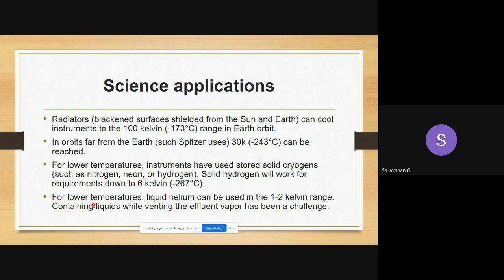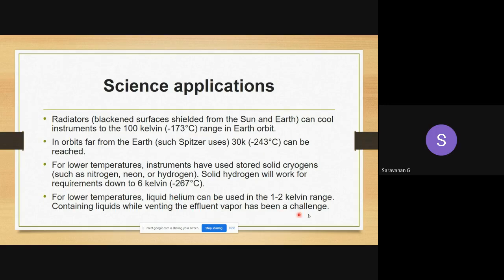For these lower temperatures, liquid helium can be used in the range of 1 to 2 Kelvin. All these cryogenic or cooling systems can be used with the cryogens in the form of cooling for thermal detectors, or cryogenic telescopes, or radiator systems. Containing liquids while venting has been a challenge.